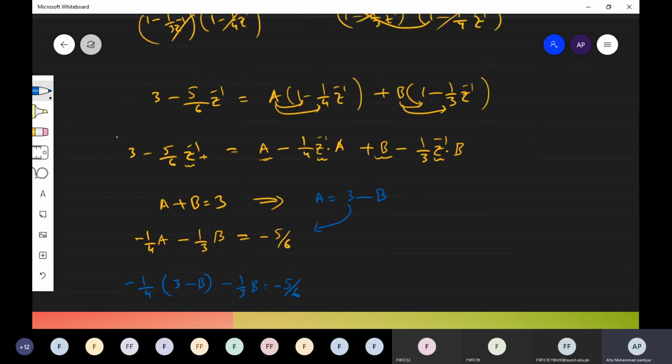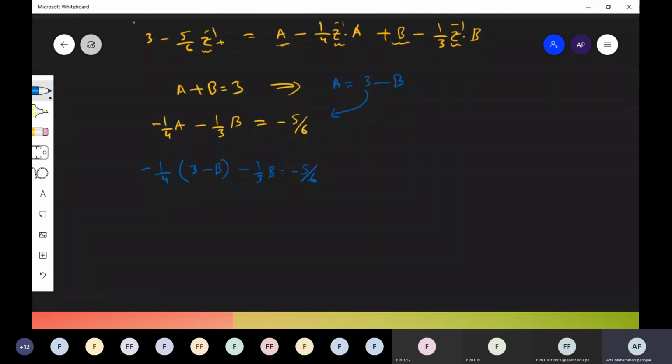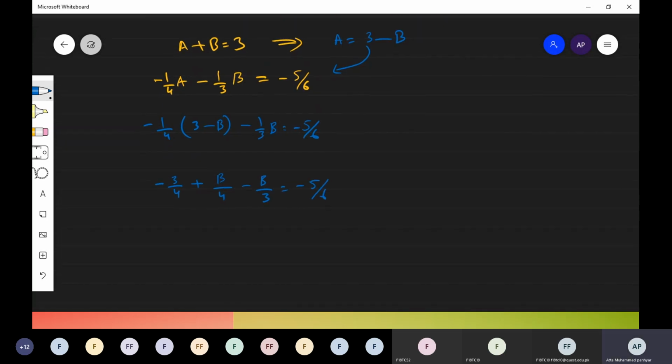Let us solve it, then we can see. What I get is minus 3 upon 4 plus B upon 4, minus B upon 3 is equal to minus 5 upon 6, right?